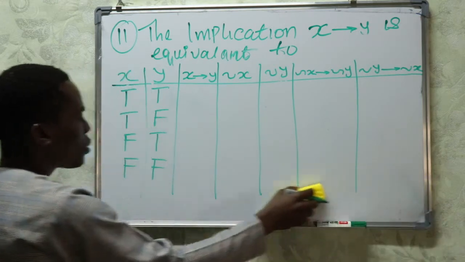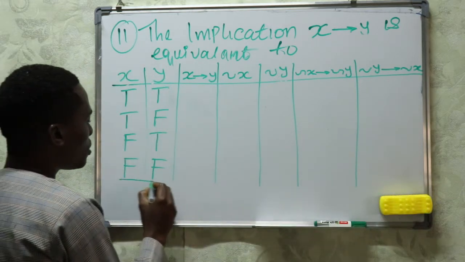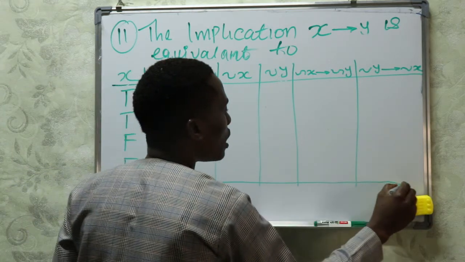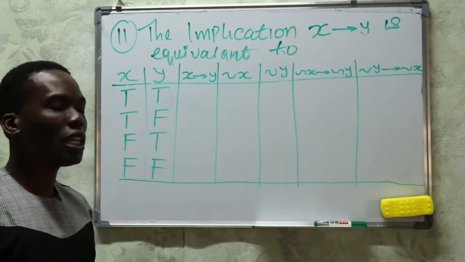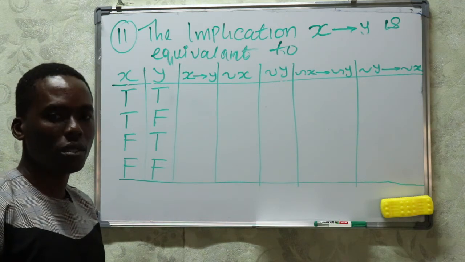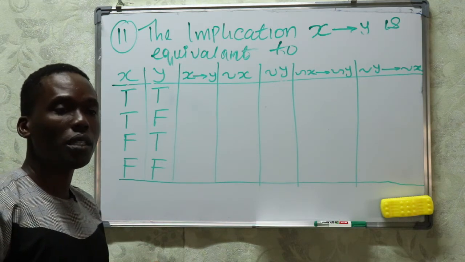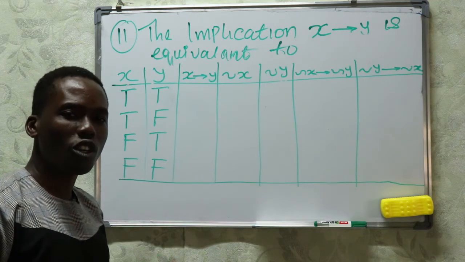Now I want you to note this. This question is under logic, and when you are dealing with logic there are various statements. We have the negative statement, that's the negation statement. We have the conditional statement, the biconditional.